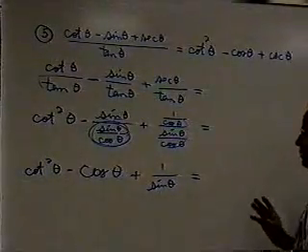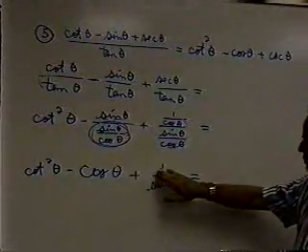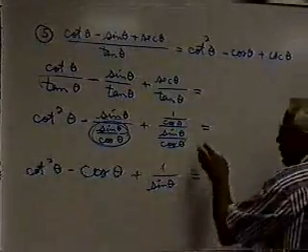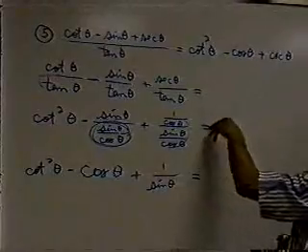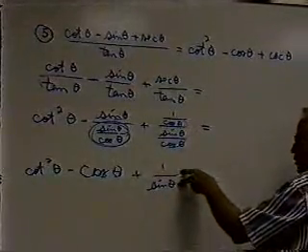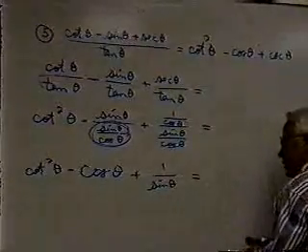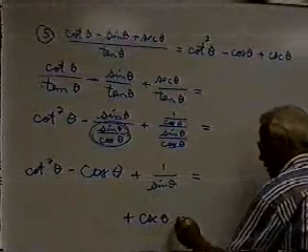Now, I want you to pay attention to something here, too, because a lot of teachers, especially if you're in my class, I count off points here. If you tell me this goes straight from here to cosecant, I count points off. You must show me this one step in between. You must show me what this step gives you. This step gives you 1 over sine. Now the last thing, 1 over sine, is cosecant of theta.